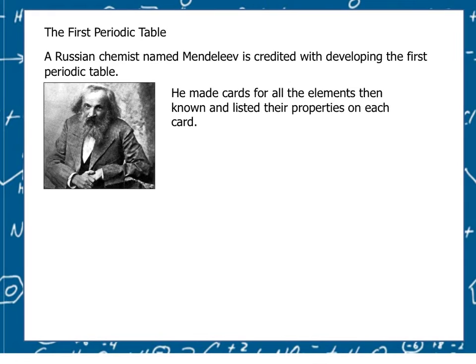The first person to put the elements in a table rather than a list was a Russian chemist named Dmitry Mendeleev. And what he did is he started putting the properties of each element on cards and basically doing a card sort to try and get these properties to repeat in an orderly fashion.